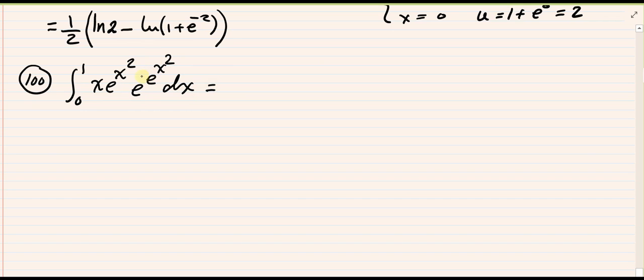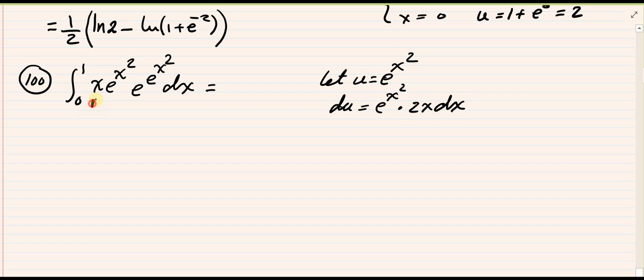Okay, now if you note, the exponent on e is exactly what this is, so it makes sense that we let the u substitution be, I'm going to let u in this case be e to x squared. Du would be exactly the same thing, e to x squared, times the derivative of the exponent, which is 2x, and then dx.